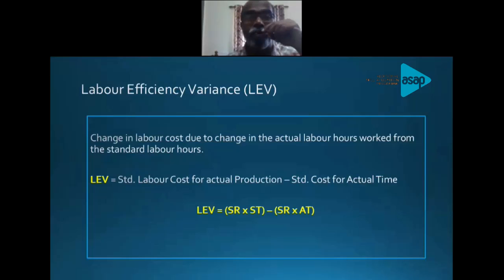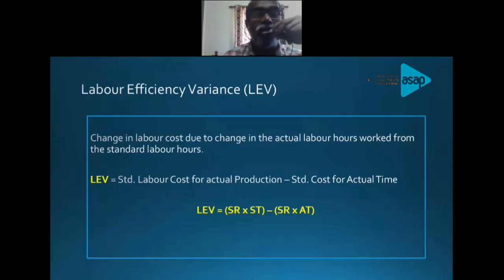So naturally, labor efficiency variance is equal to standard rate into standard time minus standard rate into actual time. Standard cost of actual time is computed by applying the equation standard rate into actual time. And the standard cost for actual production is standard rate into standard time. That means standard time for actual production.